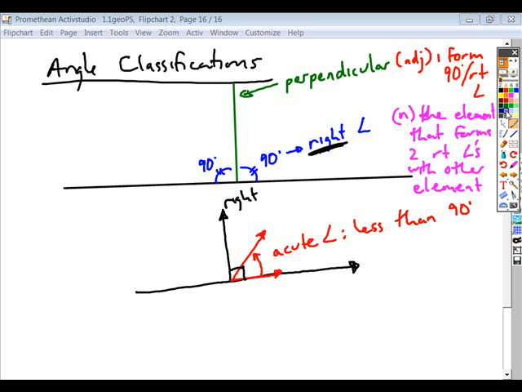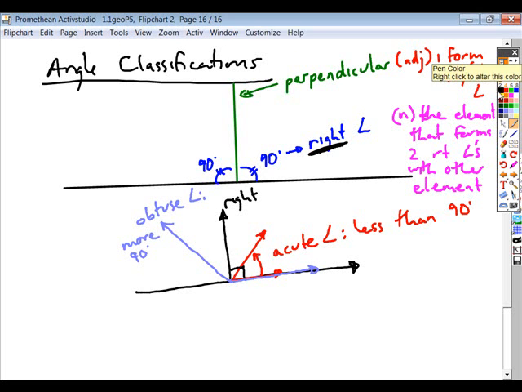You can have angles that extend beyond a right angle, but not past a straight line. These are called obtuse angles. Obtuse angles are more than 90 degrees, but they're going to be limited.